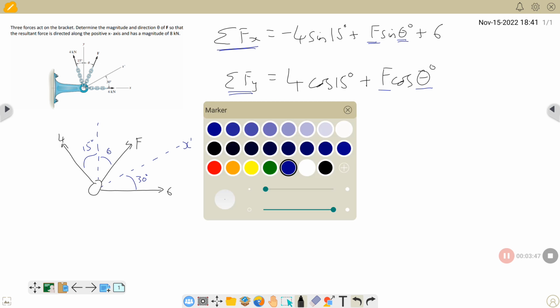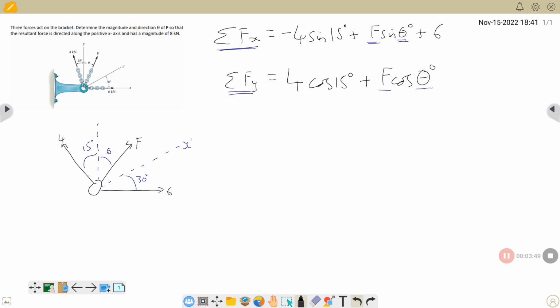What we can do then is consider what these sum of forces in the x and sum of forces in the y mean, and we can also introduce what else we know from the problem statement, where it literally gives us the direction and the magnitude of the resultant force.